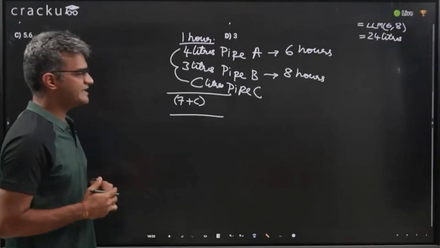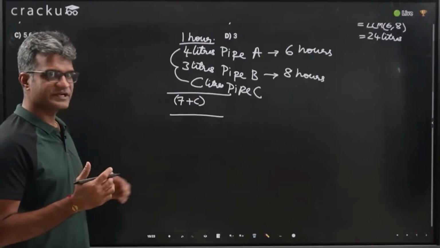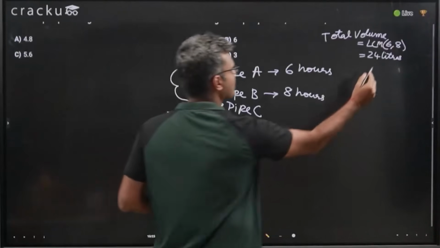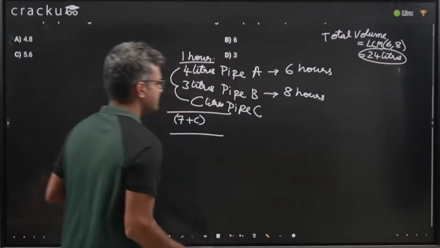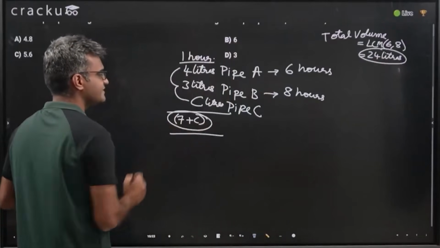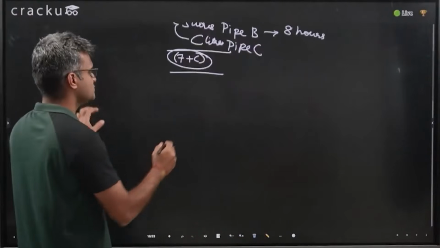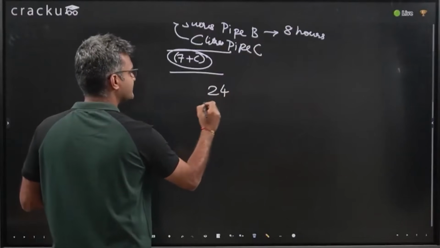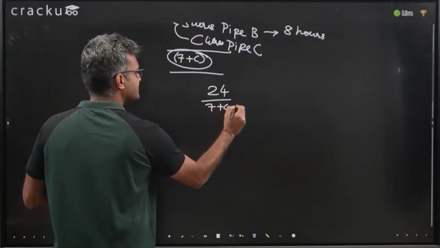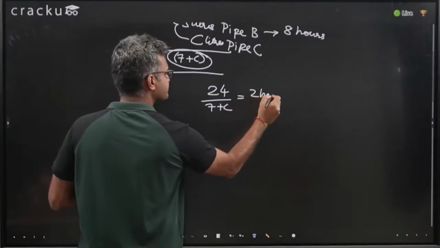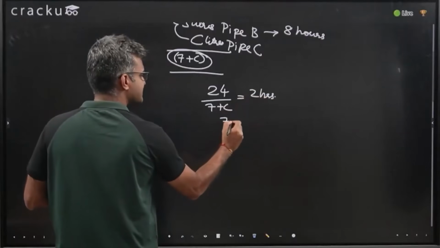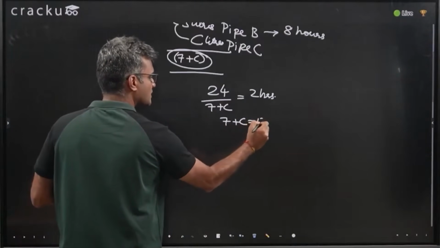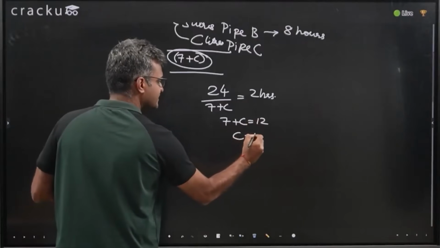So the total time it takes when all the 3 pipes are open to fill the tank will be the total volume of the tank, which is 24 liters, divided by the volume that is filled every hour, which is 7 plus C. So total time taken will be 24 divided by 7 plus C. This we are told is 2 hours. Or 7 plus C is equal to 12, or the value of C is 5 liters.